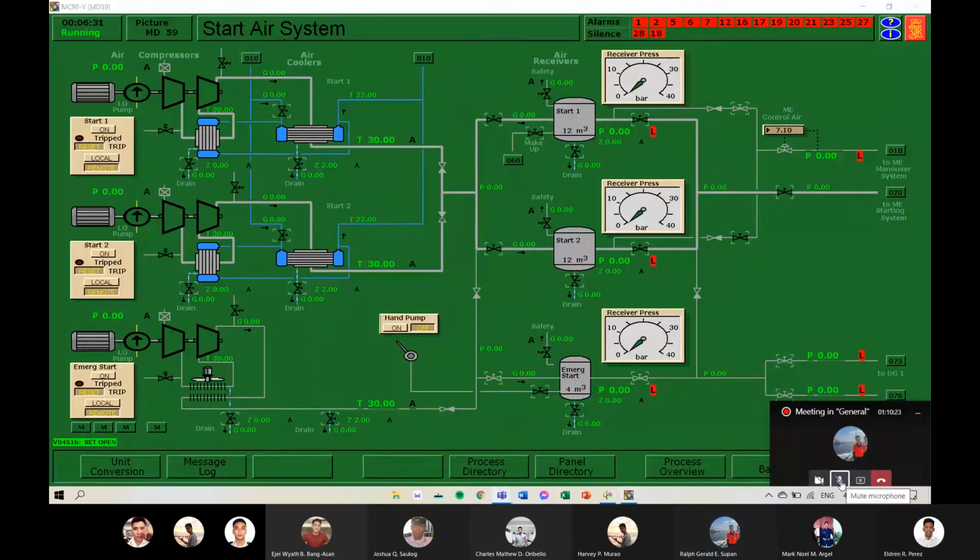Done. Chief Engineer Perez, sir. Put the emergency compressor to local control. Done. Start the emergency compressor by pressing on until receiver pressure is at least 20 bars.